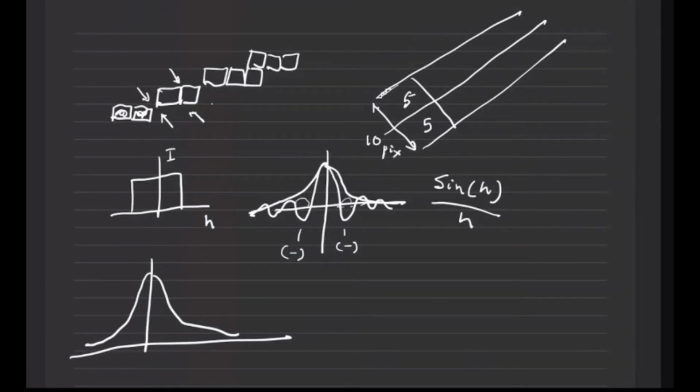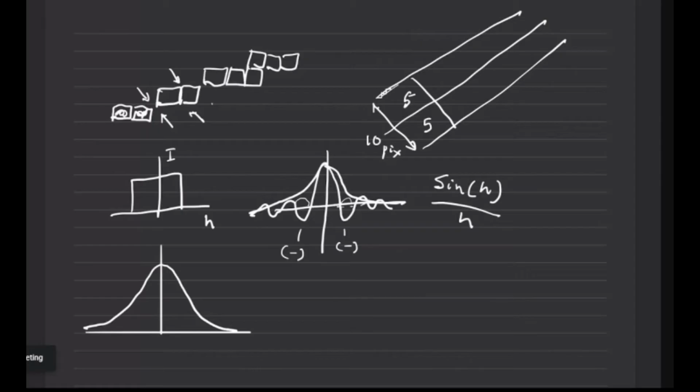Let me just draw it properly. It's a symmetrical function, though my drawing is not symmetric. So the function would be the intensity. This is my h, h being this axis, the direction perpendicular to the line, it is not the direction of the pixels.